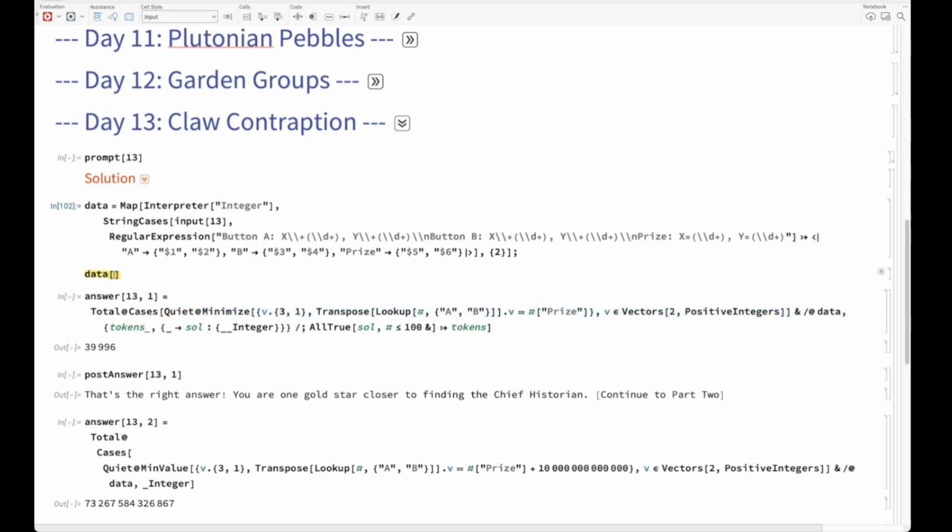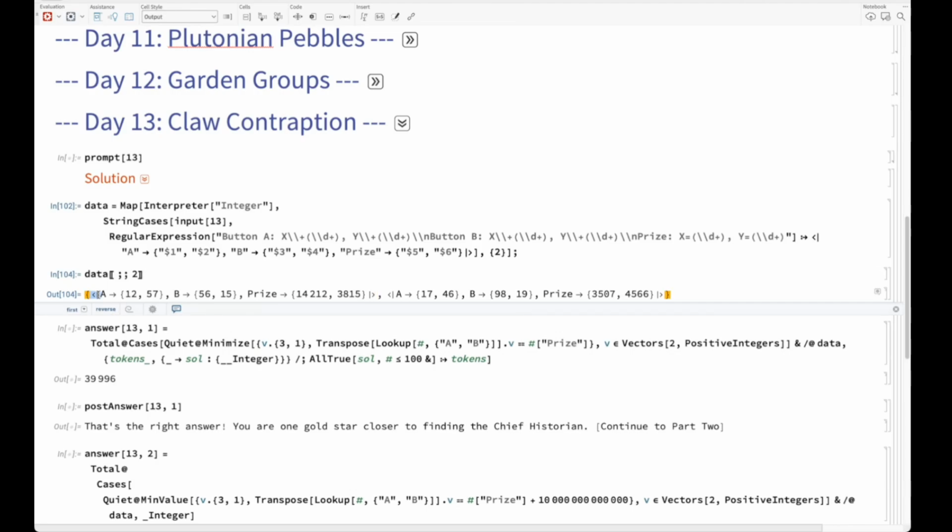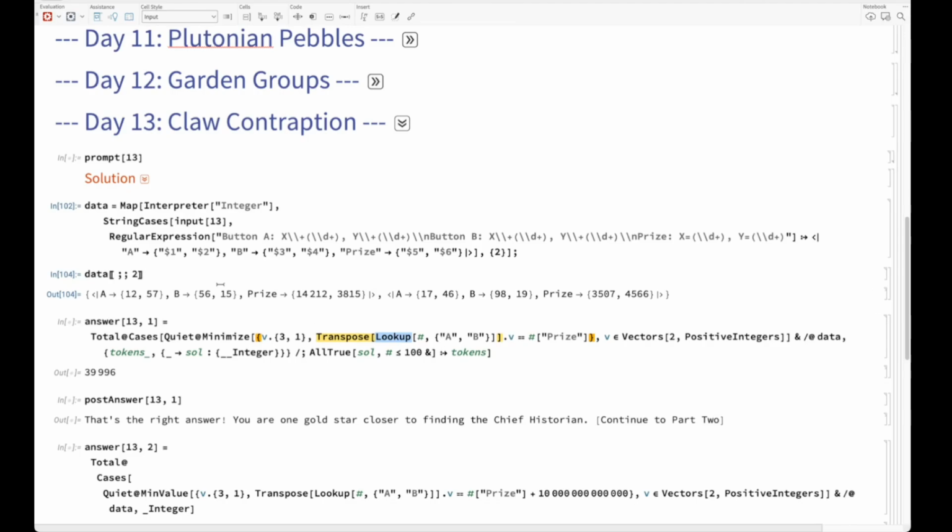As soon as you parse it, for example, this is a configuration for the first claw machine, I guess, right? For each of those, we just extract A and B as rows, and turn them into columns. V is our unknown vector. That's basically how many times you press the button, right?